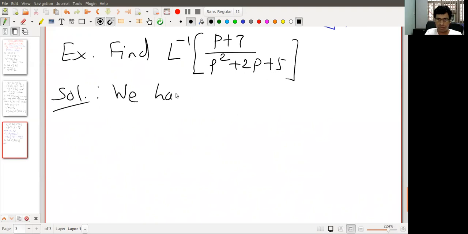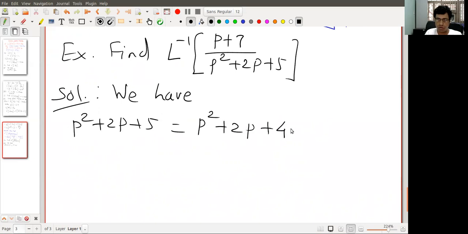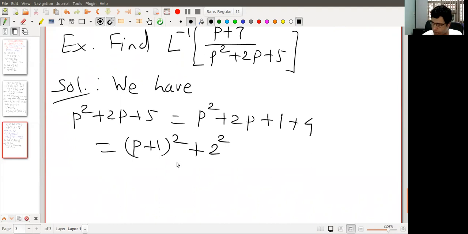So we have p square plus 2p plus 5 equal to p square plus 2p plus 1 plus 4, then this is nothing but p plus 1 bracket square plus 4, and 4 is nothing but 2 square. This is the first thing.